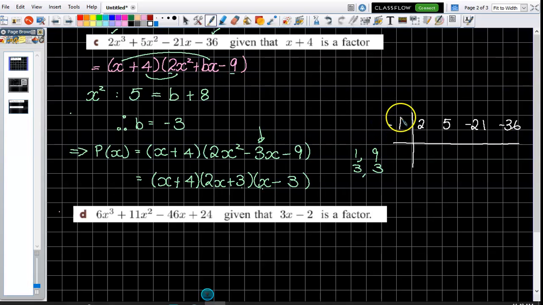I put negative 4, I go 0. 2 plus 0, 2. Now I times. Minus 4 times 2, minus 8. I add. I times. I add. Oops. I times. 2 minus 3, 9.